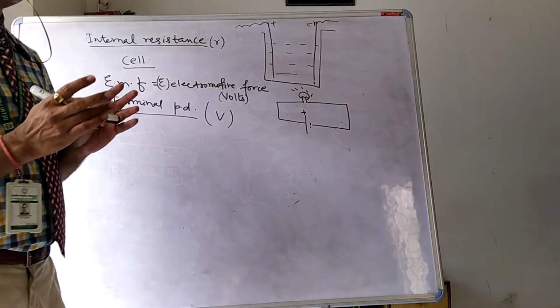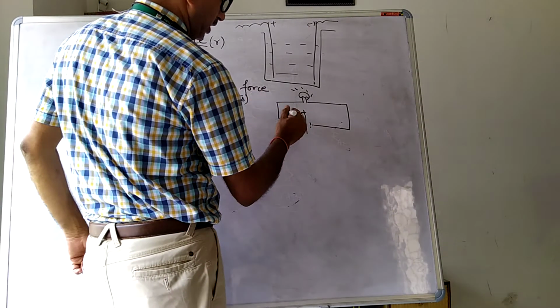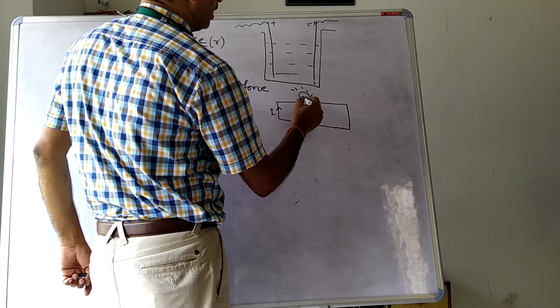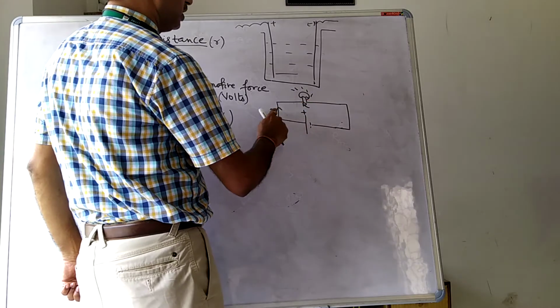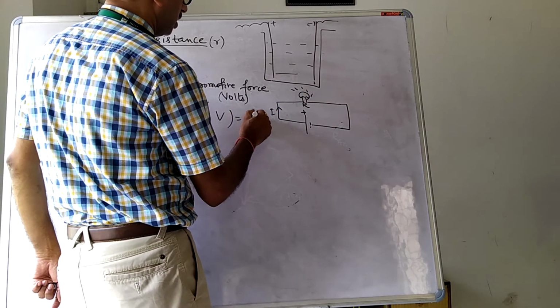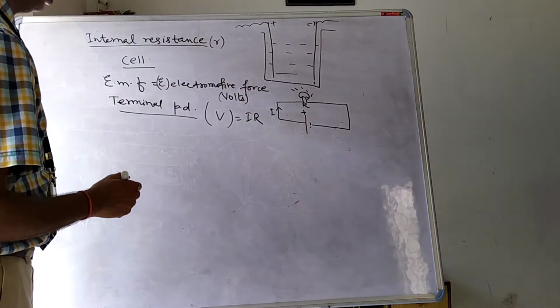Now, what is the relationship between them? If the current I is flowing through it and the external resistance is R, then the terminal PD is V = IR, right?